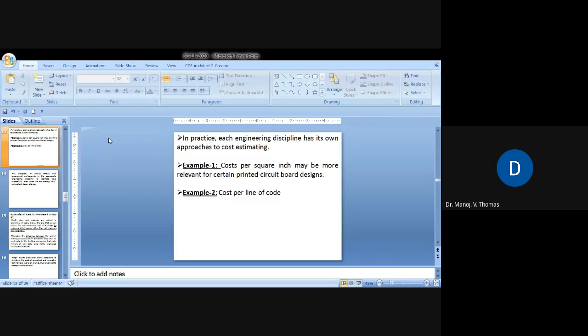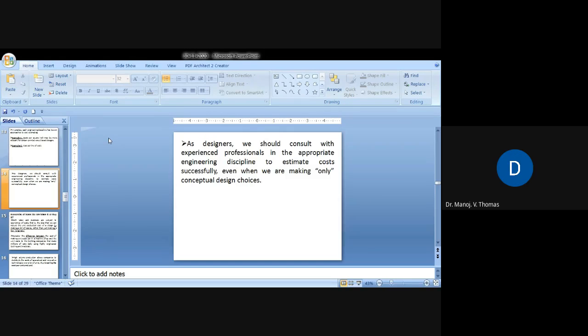And how many lines of code for this project? 10,000 lines of code. So divide, and you get the cost of a single line of code. So that is also one metric, one approach to calculate the cost in the software industry. What is the cost involved in producing a single line of code? So that is cost per line of code.